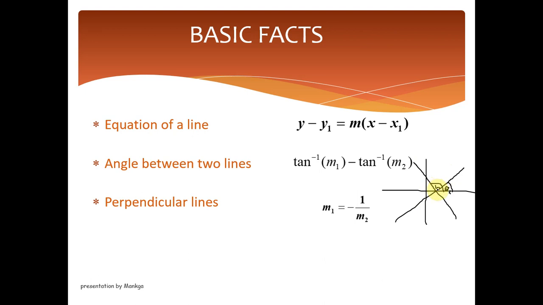The second line will have its own angle of inclination. Let's say it's beta. So when you subtract the first angle, theta, from beta, you'll get the angle between these two lines.